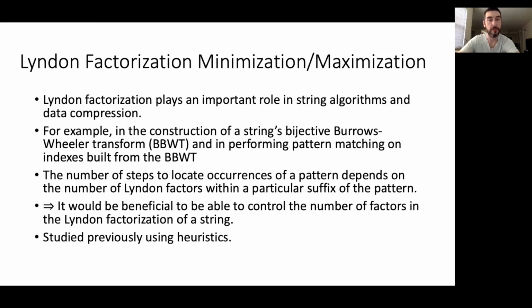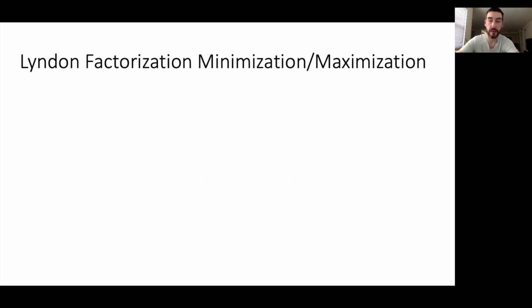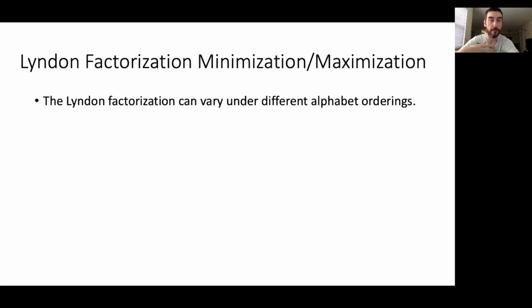It's been studied before using heuristics like genetic algorithms to try to find alphabet orders that have nice properties in terms of the factorization. The Lyndon factorization itself is actually unique, and we can prove it always exists for any string. It's unique depending on the alphabet order, but if we modify the alphabet order, we can get different Lyndon factorizations.